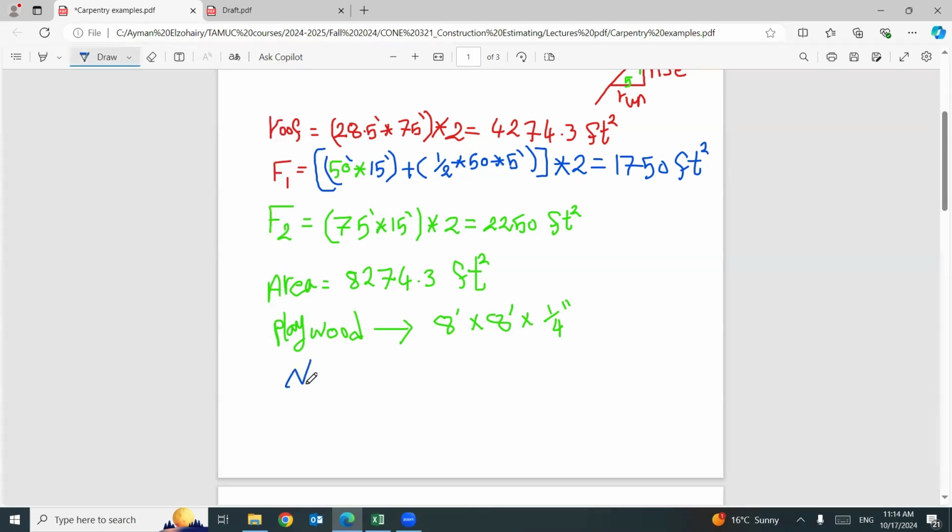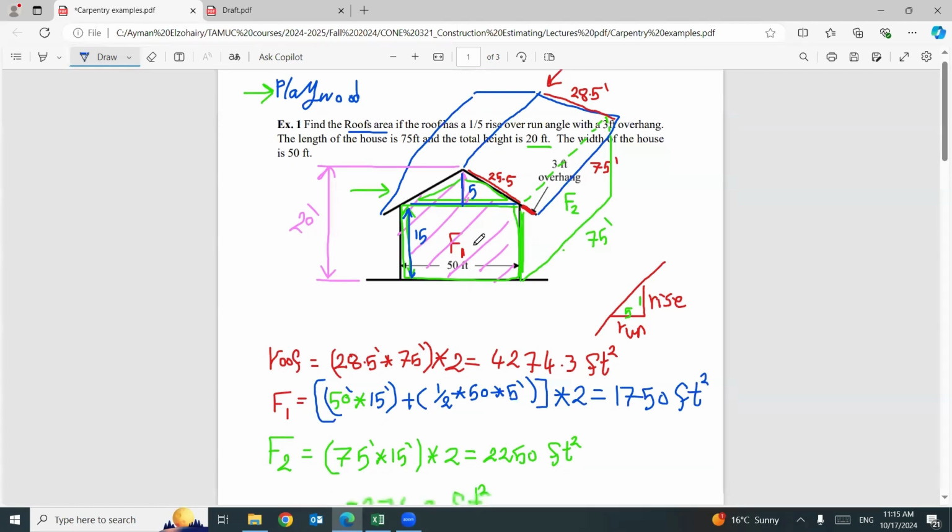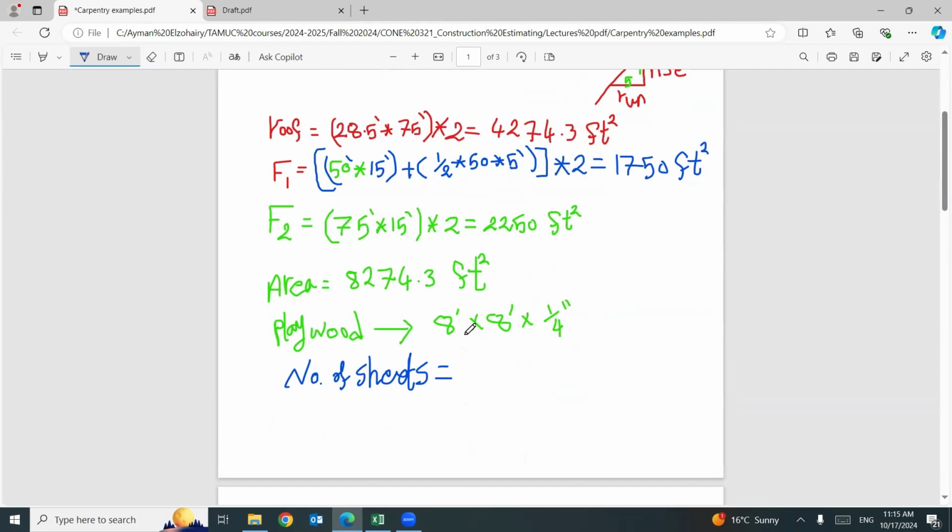So the number of sheets we need to order, keep in your mind, I did not consider any opening, door, windows, or anything because this information is not given in the problem. So I will not account for these openings. I don't have enough information for them.